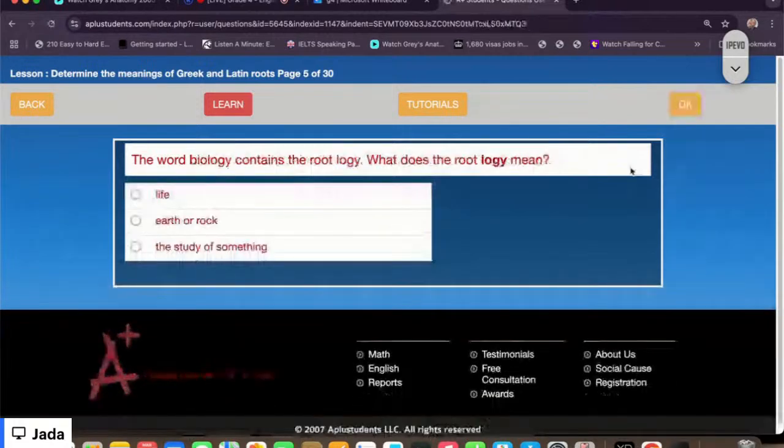Alright. So the word biology contains the root logy. What does the root logy mean?